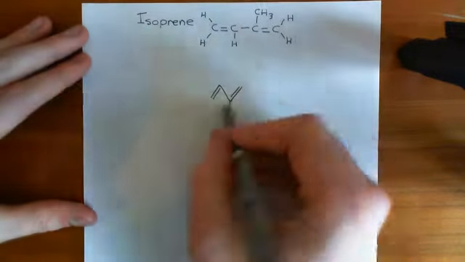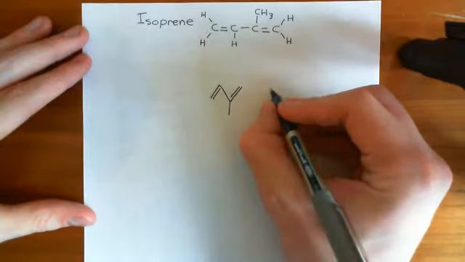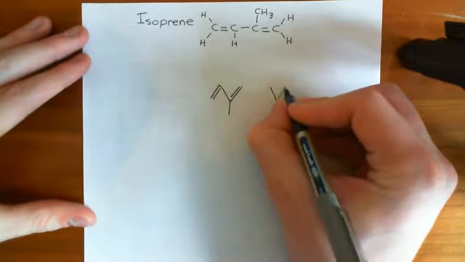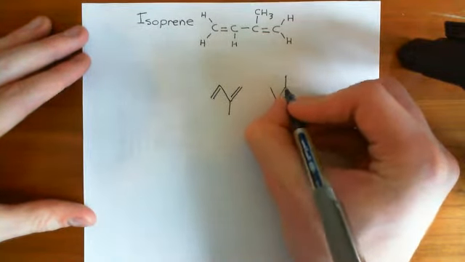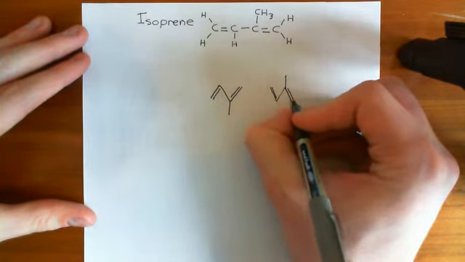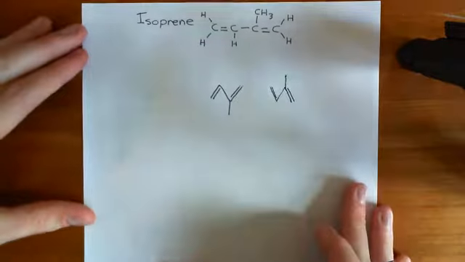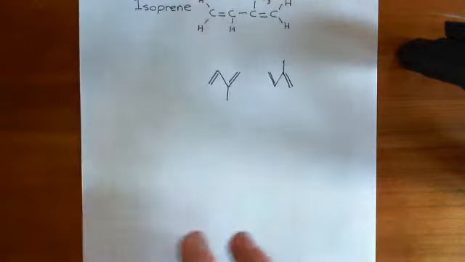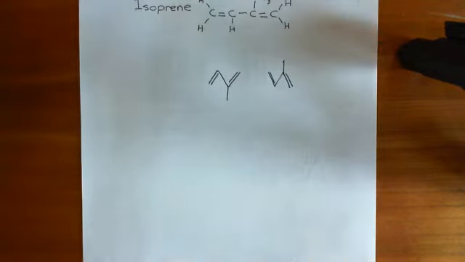I'm just going to invert this and put it the other way up. This is the way up that we're going to use when drawing out the farnesyl and geranyl groups, although obviously it's trivial. So how can you polymerize isoprene molecules together?